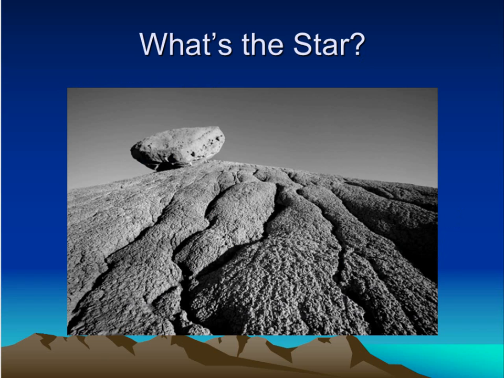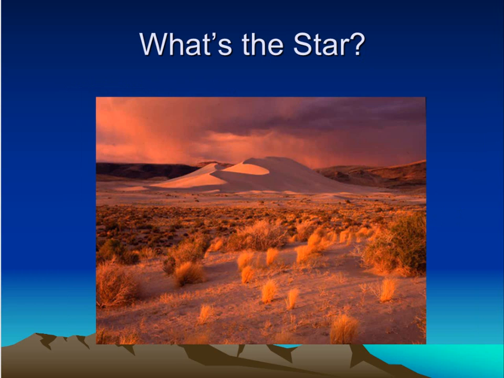So here's an example. Who's the star? Well, obviously it's the rock, and the lines of the eroded formation here almost kind of lead to the rock and take your eye up there. What's the star of the photo here? Well, obviously it's the sand dunes in the distance with a good foreground that's lit really nicely with the setting sunlight.